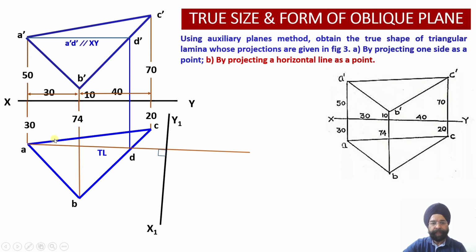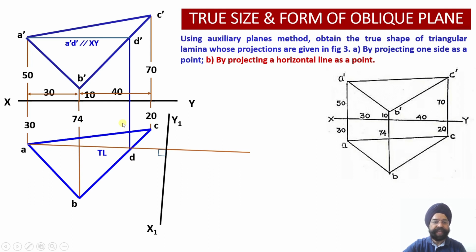So please check, the true length was AD. Why was this the true length? Because the A dash D dash line which we had drawn, with point D dash lying on the edge B dash C dash, was parallel to XY. Since A dash D dash was parallel to XY, the corresponding point AD that we obtained was the true length.